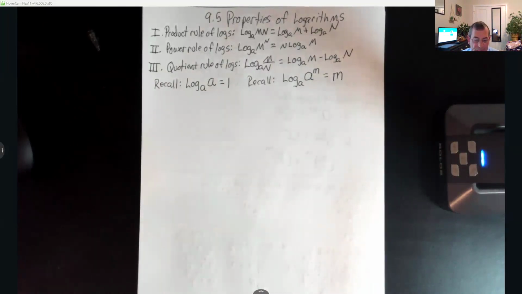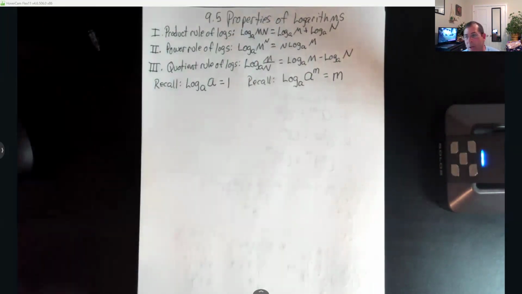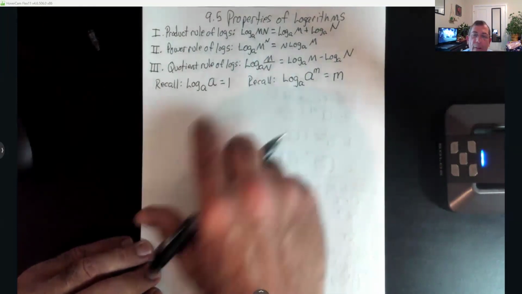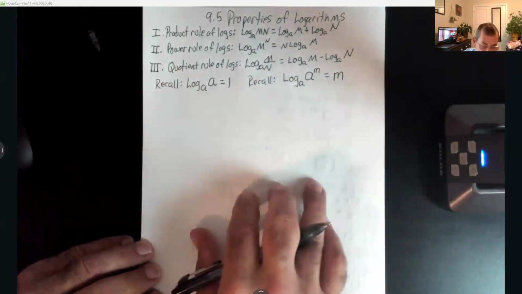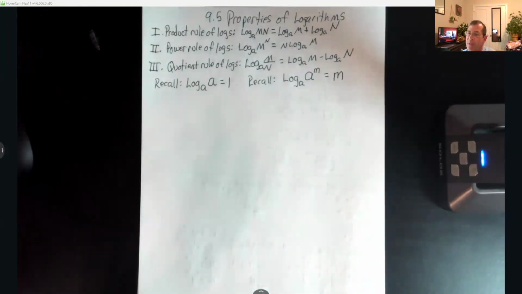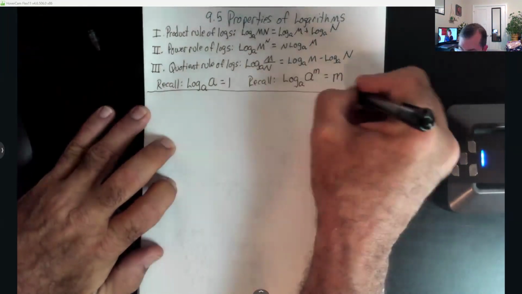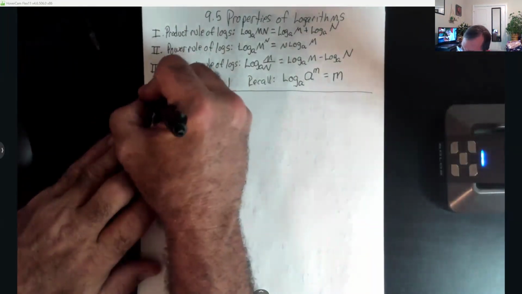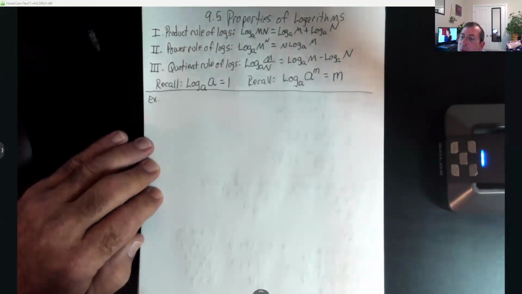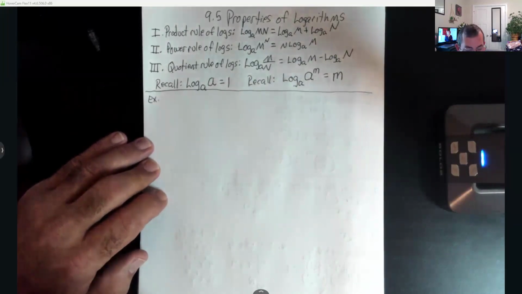All right, y'all. So these examples are going to go through all the 3 properties at first, and then they'll start intermingling the properties together, okay? So usually they do one problem of logs and one problem of LN to get you used to both of them.